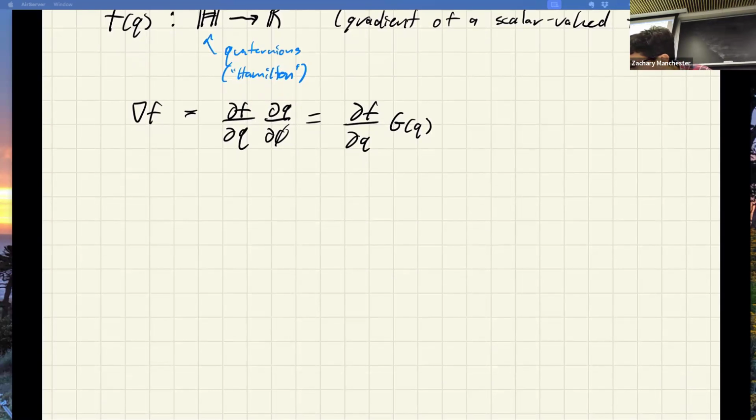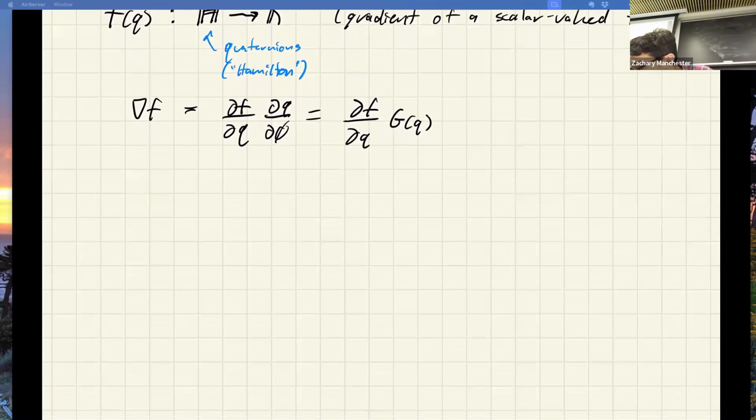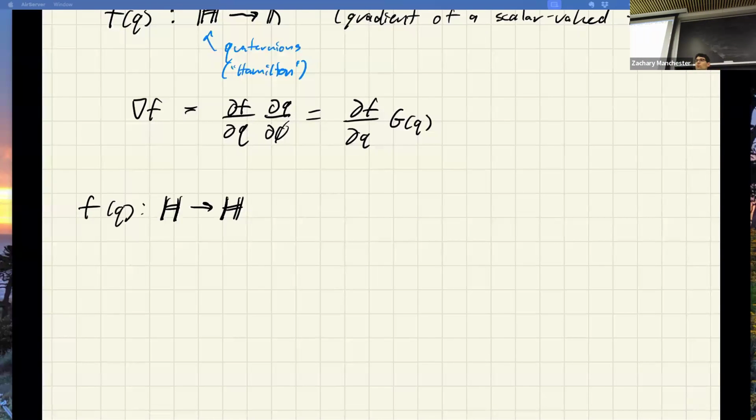Now let's say we've got an f of q that maps us from quaternion input to quaternion output. The scenario here is a dynamics function. So I've got rigid body dynamics, my discrete time dynamics, where I have qk coming in and qk plus 1 going out, right? So it's mapping from a quaternion to a quaternion.